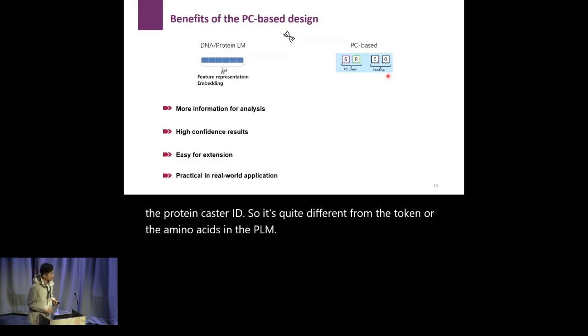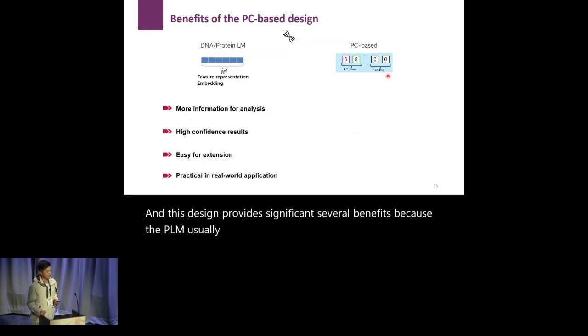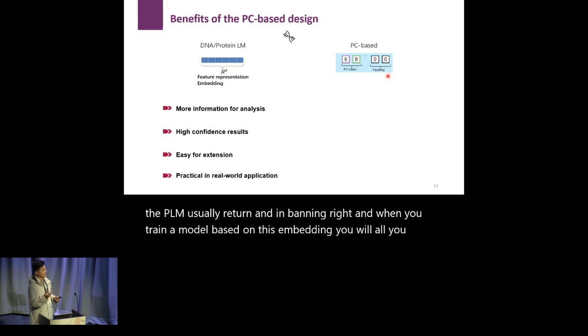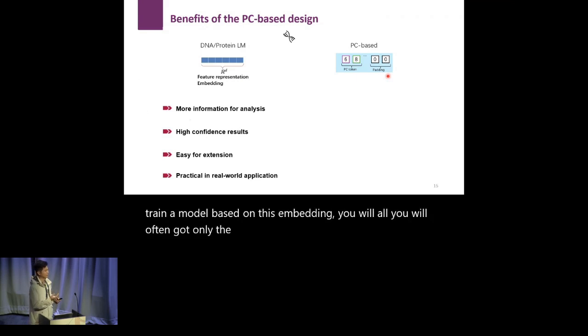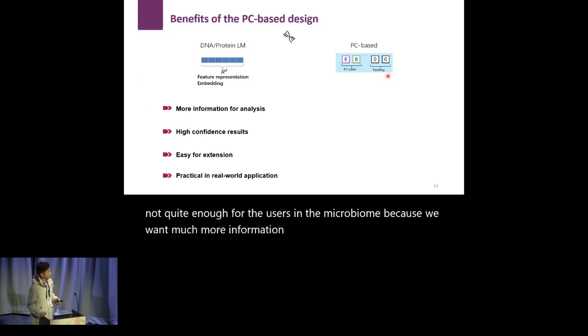And this design provides several significant benefits, because the PLM usually returns an embedding, right? And when you train a model based on this embedding, you will often get only the prediction like 0 or 1. However, that is not quite enough for the users in the microbiome because we want as much information as possible.